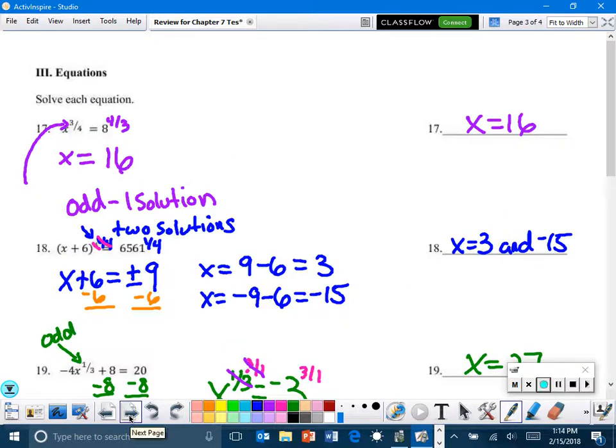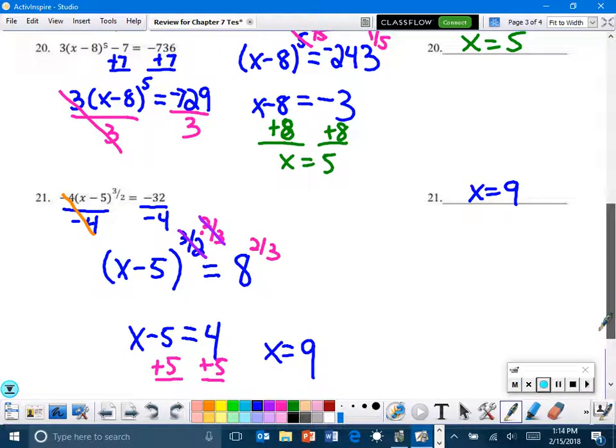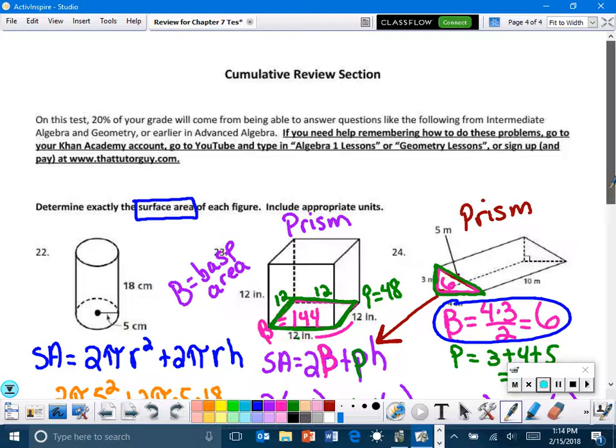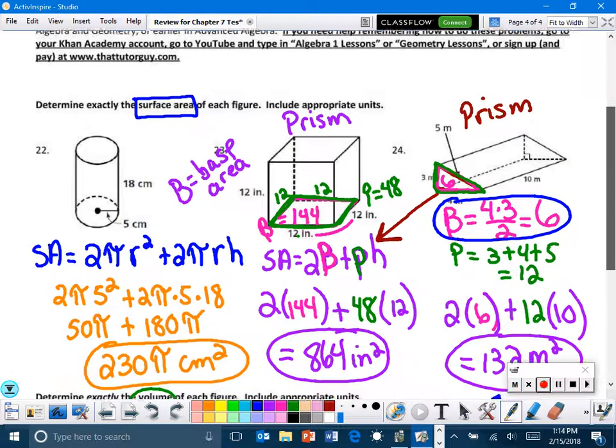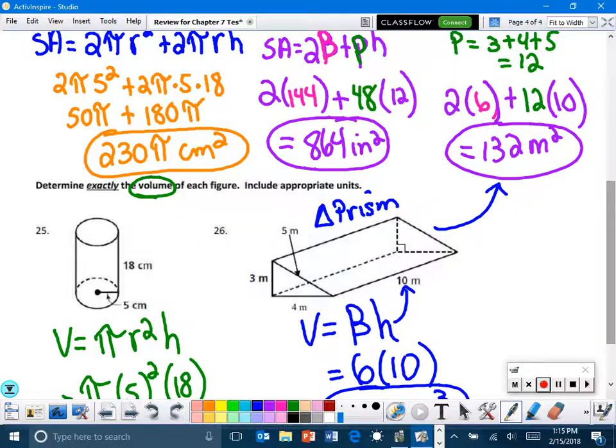The third part of the test is going to be solving equations. And then the fourth part of the test is review from geometry, surface area, and volume. Okay, take good notes. Hopefully you took good notes and you wrote extra notes to yourself to help you when you're taking the actual test. All right, good luck.